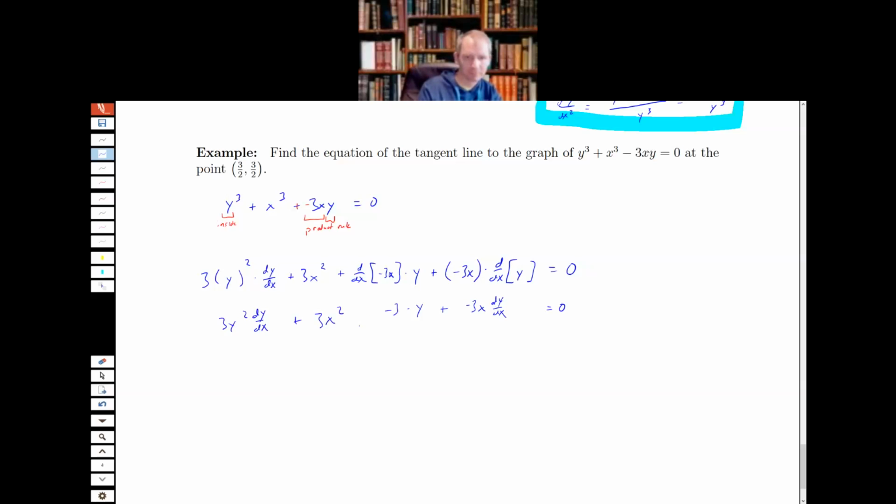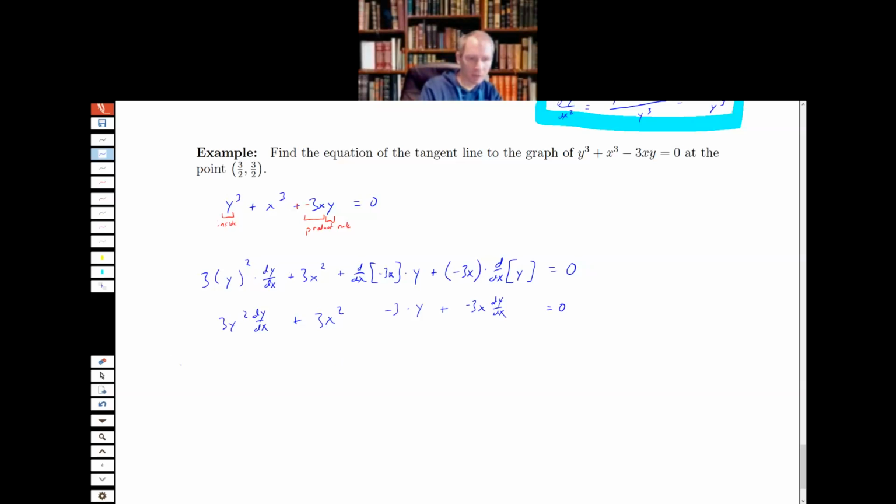Okay, now we could solve for dy dx using the steps that we had before, and that's fine. That would work perfectly well here. But if all I'm interested in is one slope of the tangent line, what I would do is solve for dy dx, and then plug in for x and for y. I can do that before solving for dy dx. We can do this now.